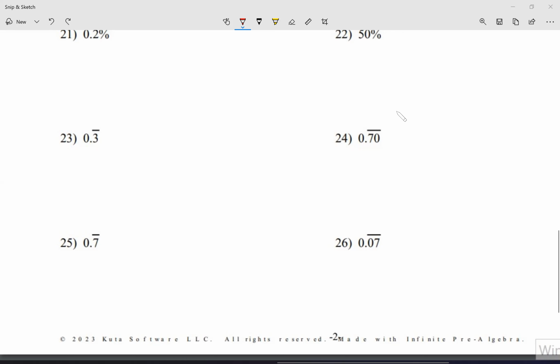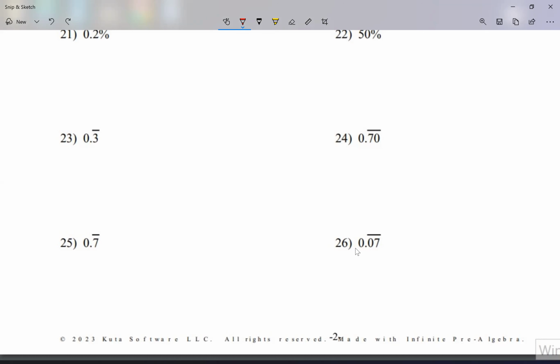Do notice the difference between 24 and 25. 24 is 0.70, 70, 70, 70. Now 25 is 0.7777. And then obviously number 26 will be 0.0707070707.